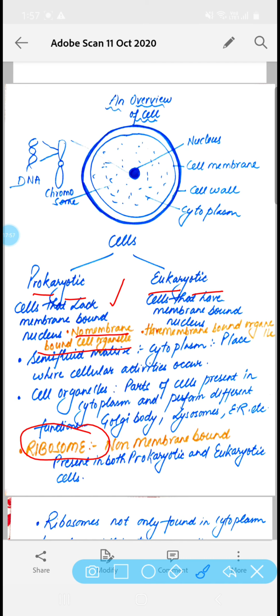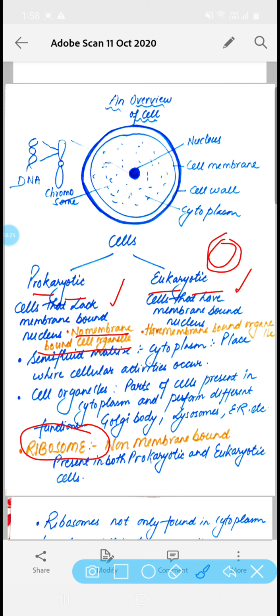अब बात आती है यूकैरियोटिक सेल्स की. Eukaryotic cells, as I have discussed with you, are the modern type of cells because they have a well developed nucleus. So why can we say that the nucleus is well developed? Because here the cells have a membrane bound nucleus. इनके nucleus के बाहर two membranes present होती है, inner and outer membrane.